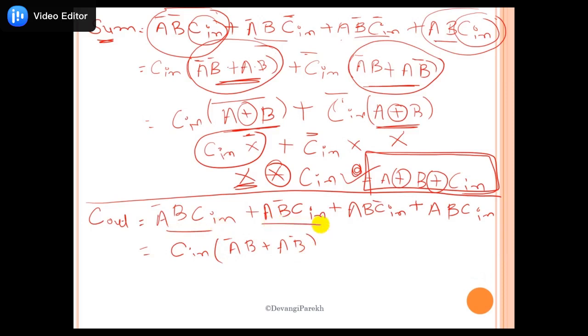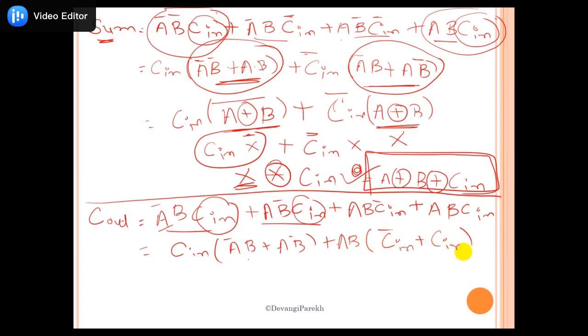I am going to take C in common from this, so A bar B and A B bar. From these two I am going to take AB common. So in the bracket I have to write C in bar plus C in.